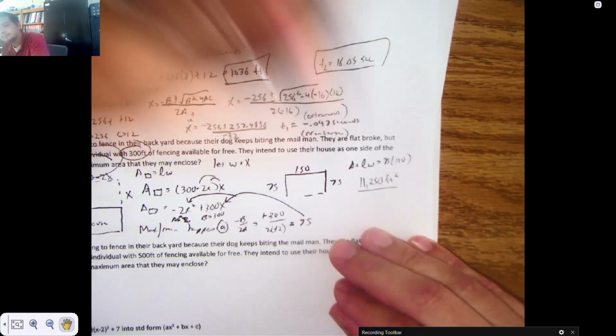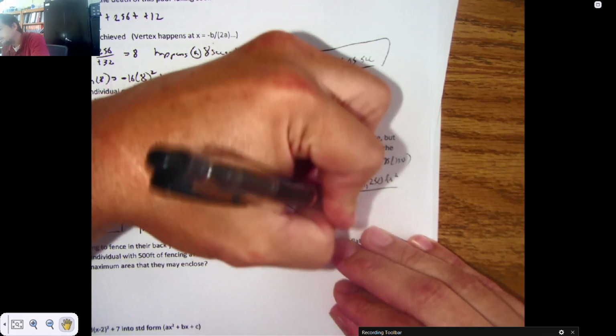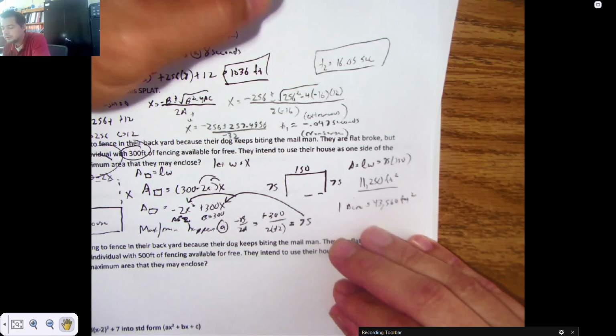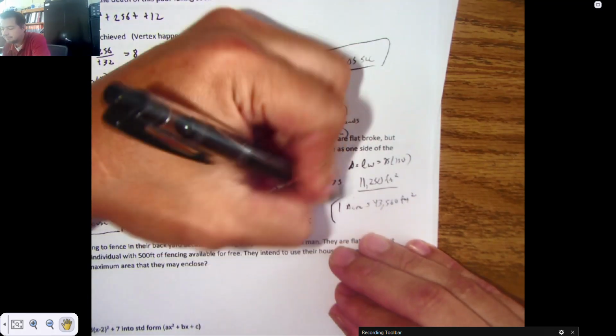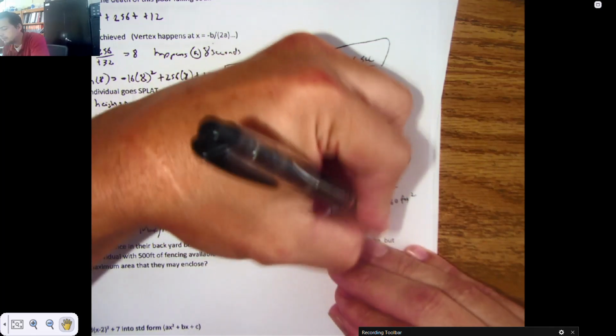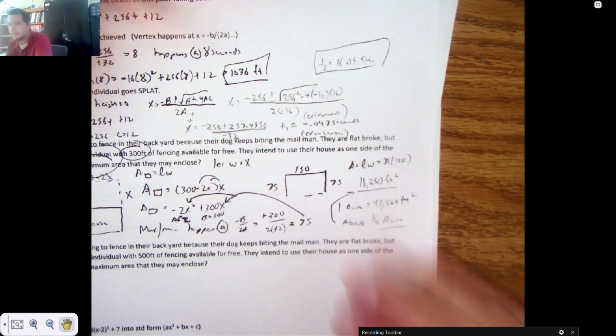Sounds like a lot, doesn't it? 1 acre is 43,560 square foot. This is about a quarter of an acre.